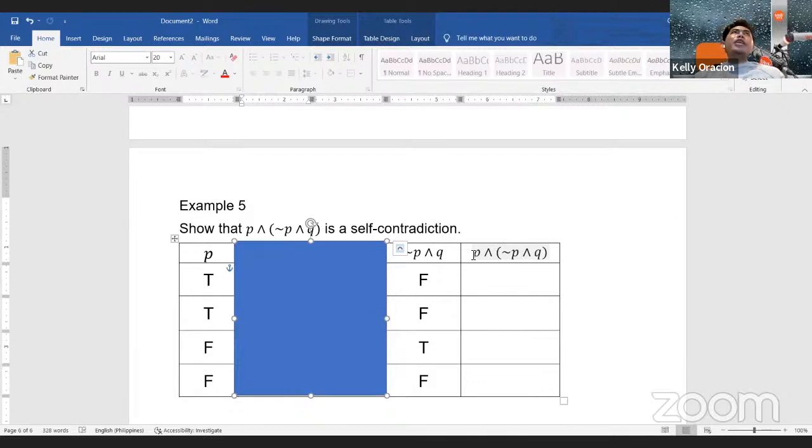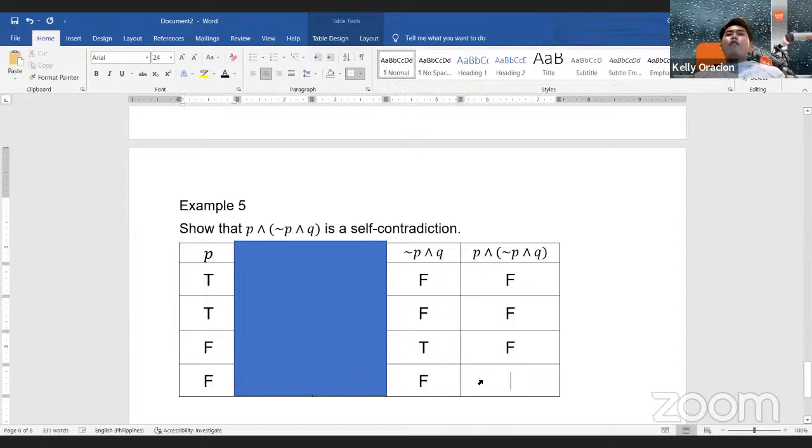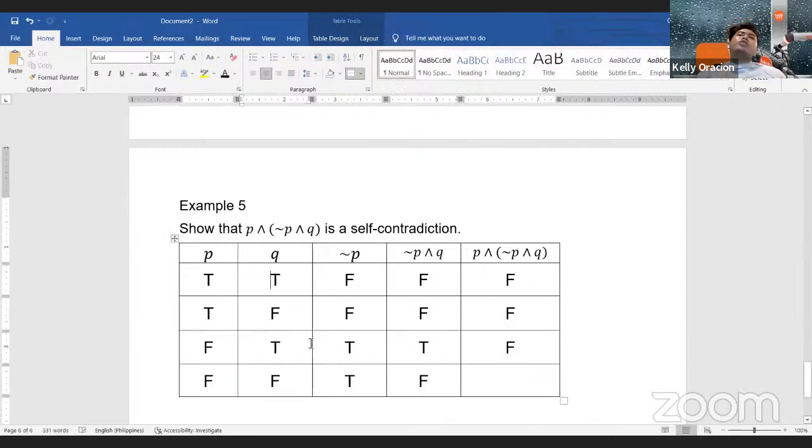If both statements are true, the whole statement is true. If merong isa sa kanila false, automatically the whole statement becomes false. So as you can see, true, false, it's false. False, true, it's false. And false, false is also false.